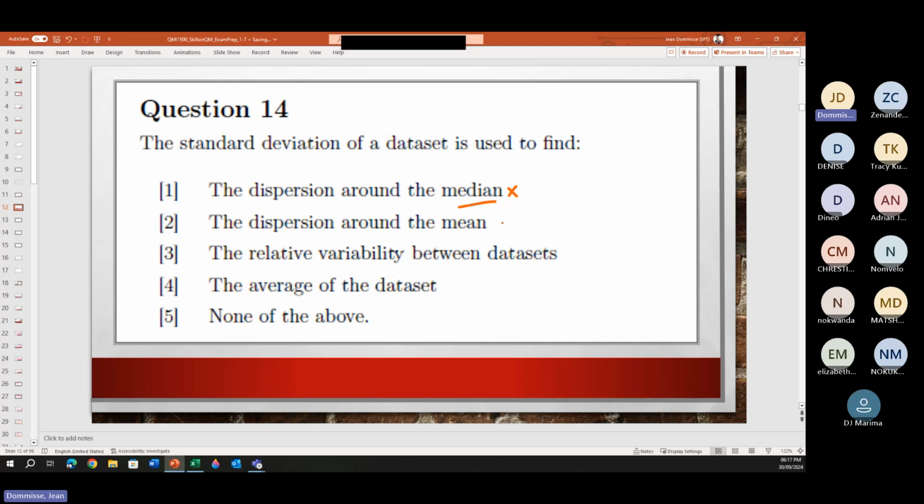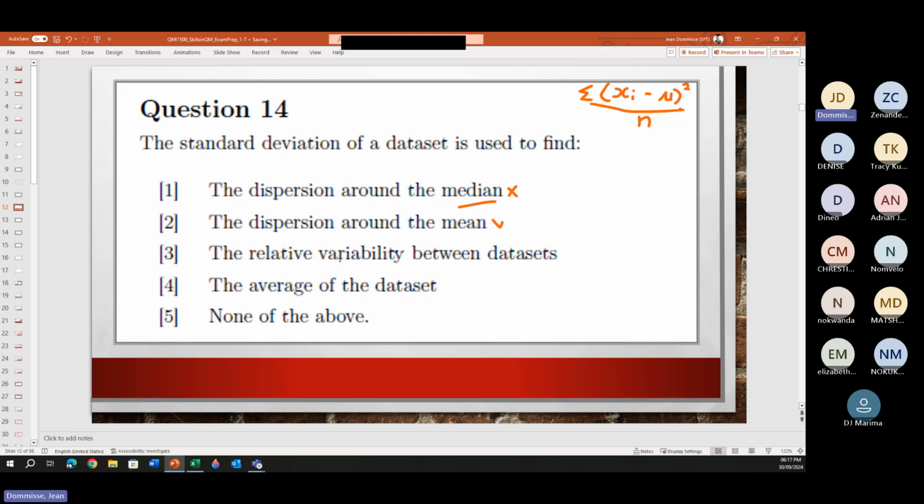Okay, yes, that is true because remember we said it's the xi minus the mean to the power of 2, the sum of that divided by n or n minus 1, depending on if it is the sample or population. So that tells me, yeah, we're looking at the mean, so it might be dispersion around that mean.